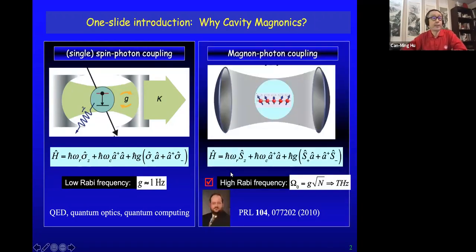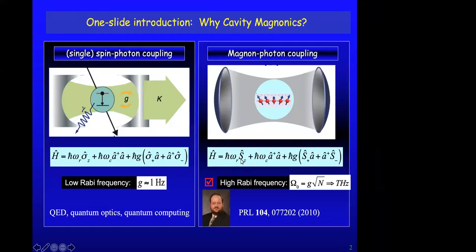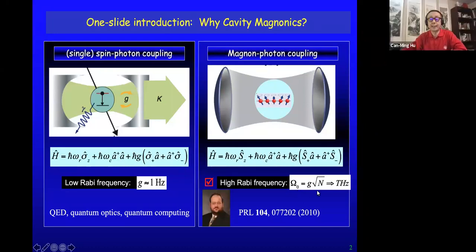In 2010, Michael Flatté proposed that if you replace the single spin with a collective spin excitation, the magnons, then the coupling rate will be significantly enhanced by a factor of square root of N. N is the number of the spins in your system. Because in the materials, the N can be very large, you can expect a significant enhancement of this Rabi frequency.